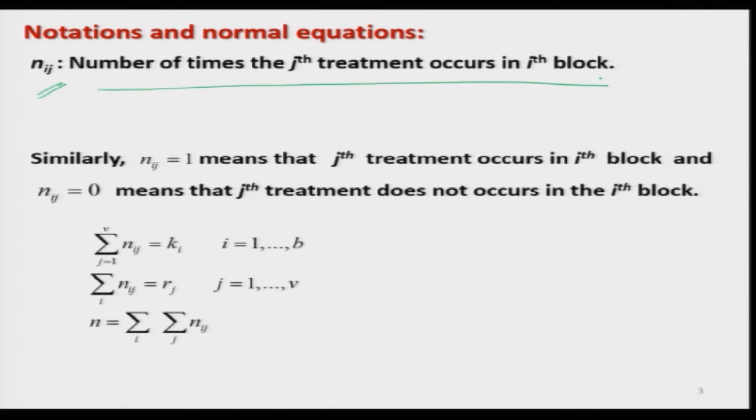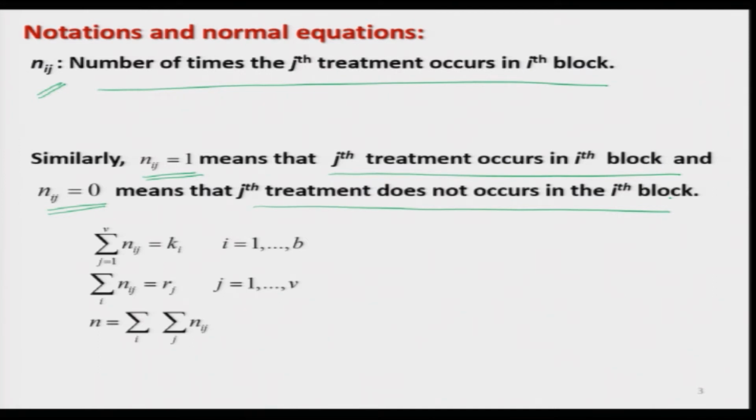In case you take Nij equal to 1, this means the jth treatment occurs in the ith block once and only once, and in case you take Nij equal to 0, this means that the jth treatment does not occur in the ith block at all.